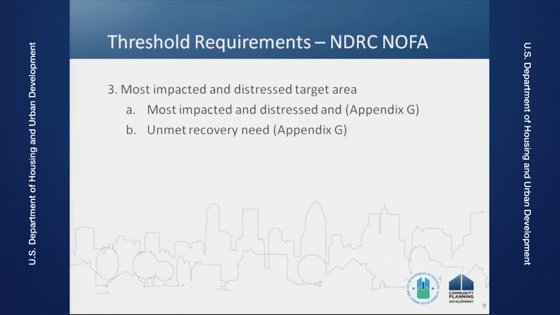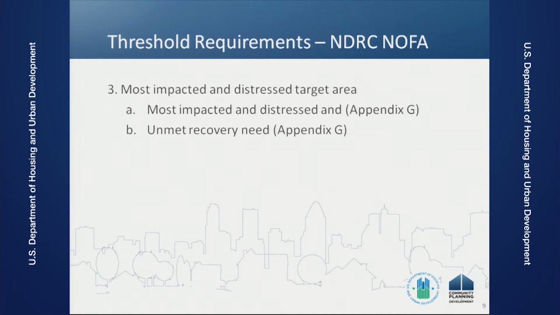Additionally, this threshold requirement is designed to elicit data from applicants in order to best meet the statutory mandate that HUD allocate funds based on the best available data. Because of the importance of this threshold requirement, HUD has devoted Appendix G of the NDRC NOFA to providing detailed instructions on the criteria that must be met to satisfy a demonstration of most impacted and distressed and unmet recovery need in each applicant's narrative response.